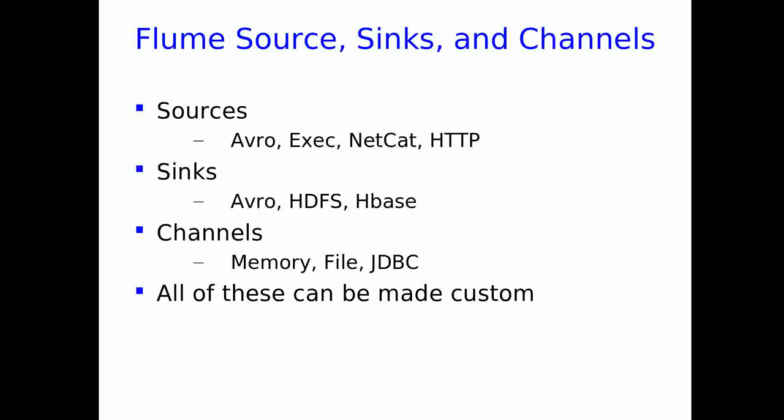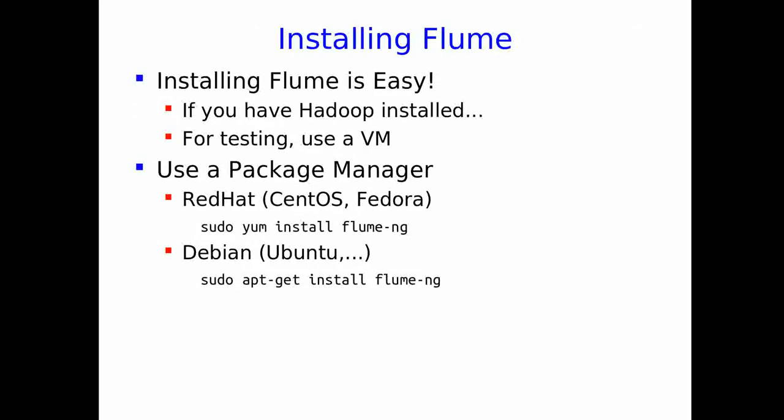For sinks, you can do avro, you can do the Hadoop file system or HBase. Channels can be just regular queues in memory, or they can be files on the disk, or lots of other options. And in fact, you can replace any source or sink or channel with a custom component, which allows you to use sources and sinks and channels that aren't already in Flume.